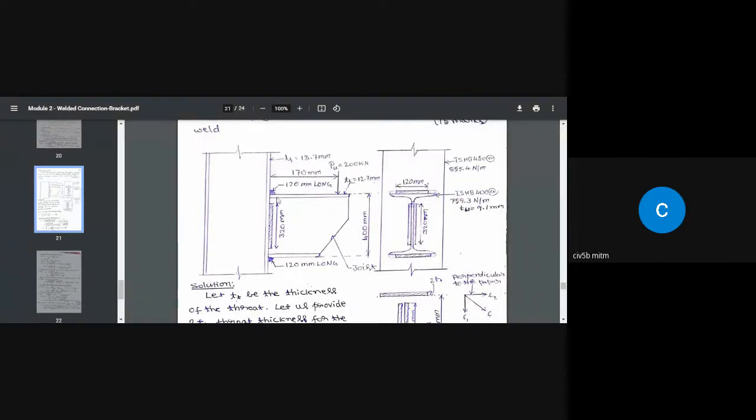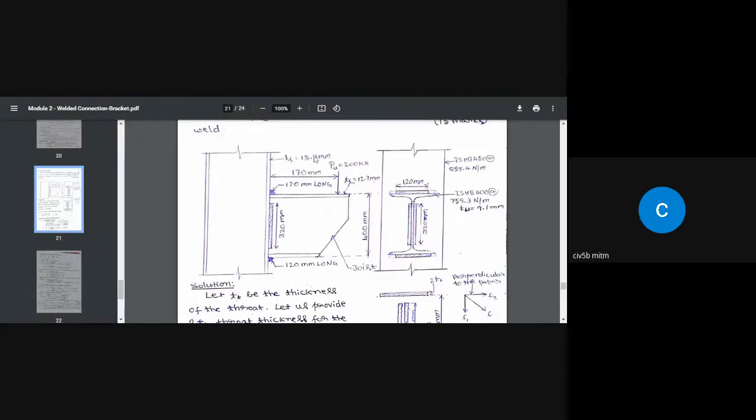That means we are trying to connect the flange of this bracket to the flange of this. So what is the thickness of the flange of this bracket? Again, from the steel table, it is 12.7 millimeter, and 13.7 millimeter is the thickness of this flange. So the thicker of these two flanges is 13.7 millimeter.